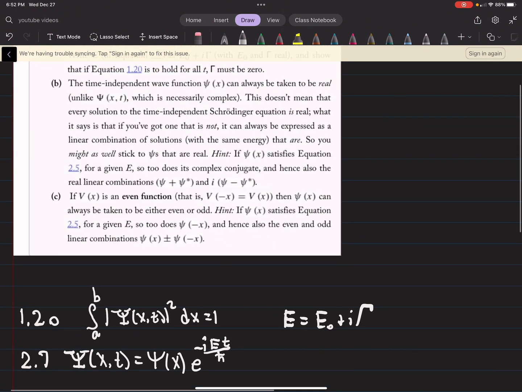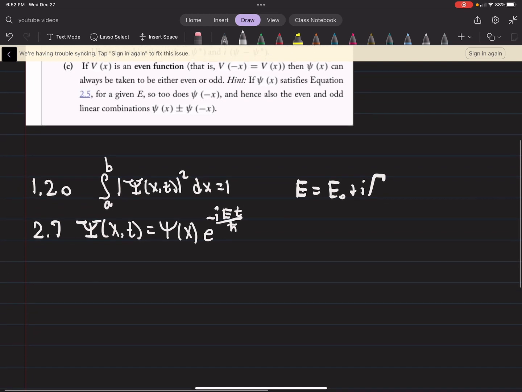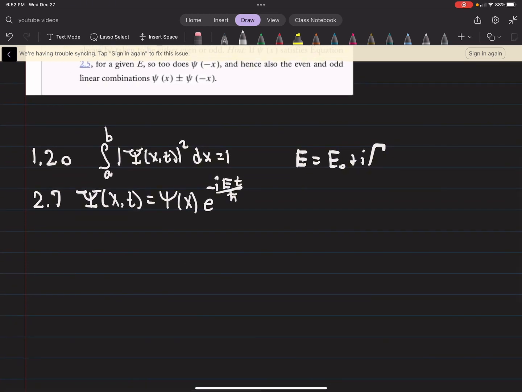Okay. So the way that we're going to do this is we're going to essentially plug all this in. So psi of x,t is, of course, our time independent psi of x times our time dependence.